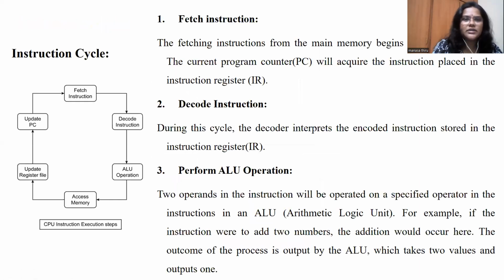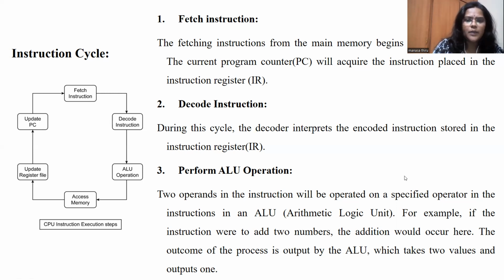So here some definitions are there in the instruction cycle for each and every step. Fetch instruction. What is fetch instruction? Fetching instructions from the main memory begins the execution cycle. The current program counter will acquire the instruction placed in the instruction register. Next step is decode instruction. During this cycle, the decoder interprets the encoded instruction stored in the instruction register.